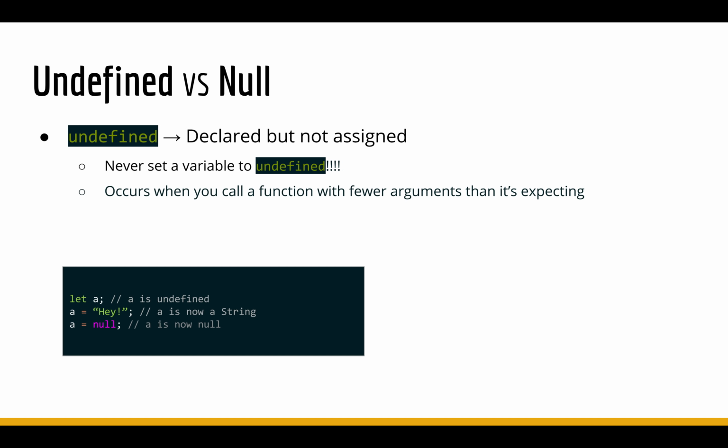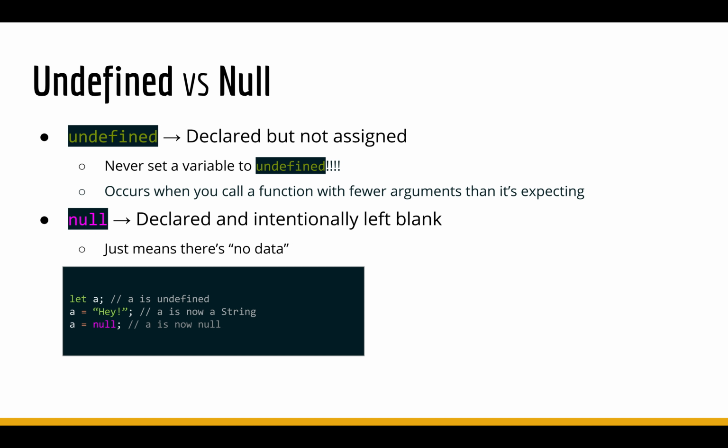And if you feel you need to, you should use null instead. Null is what you use when you've declared something and you want to intentionally leave it blank. It means no data. So again, you should never write my variable equals undefined.